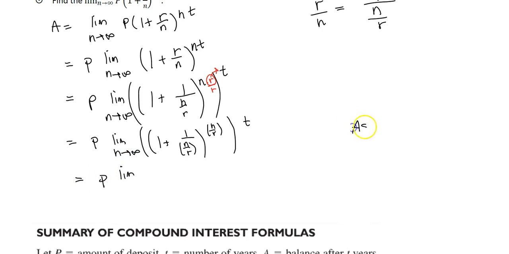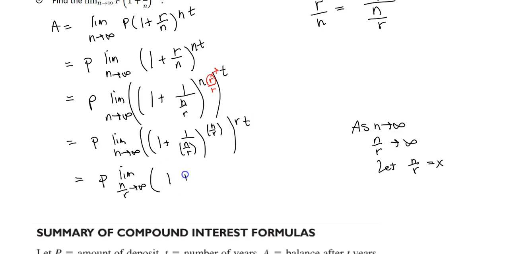As n approaches infinity, n over r is definitely going to approach infinity as well, because r is a fixed small number. So if we let n over r equal x, you can see that you do have that same limit that we were talking about earlier.